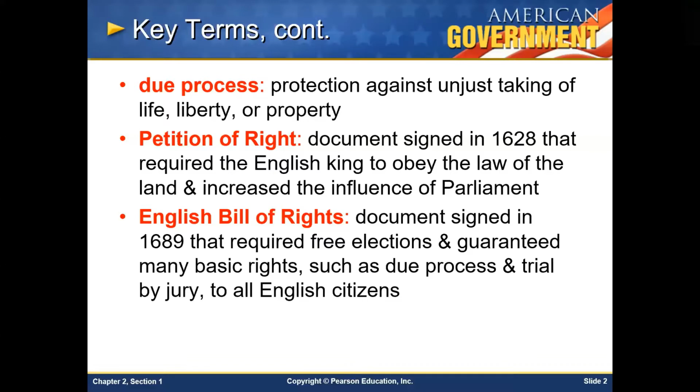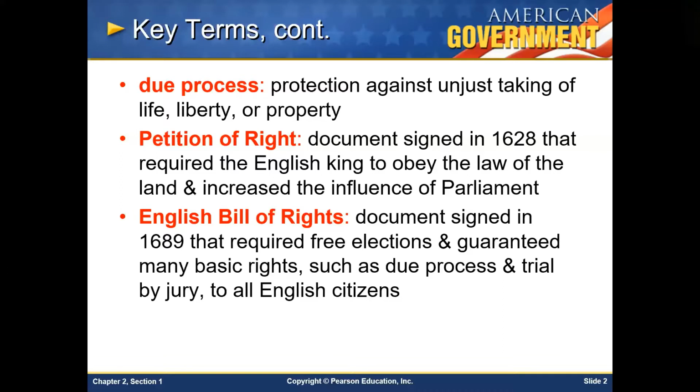Then we have two documents that we're going to look at. They're the Petition of Right, which was signed in 1628 and required the English king to obey the law of the land and increase the influence of Parliament. Obviously that applied to England, which has connections to the United States because the English are who settled the colonies in what became the United States.